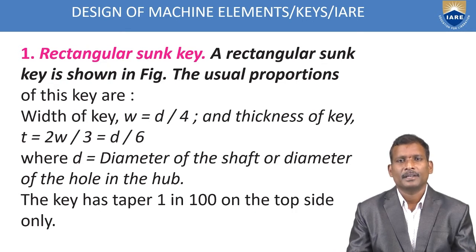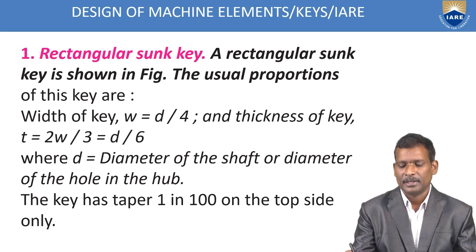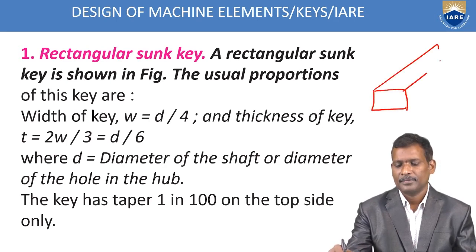So you know the dimensions of the rectangular sunk key: width, thickness and length of the key. The width is equal to d by 4 and thickness is equal to 2w by 3 or d by 6 you can take. Here d is the shaft diameter. Suppose we have a rectangular key like this.